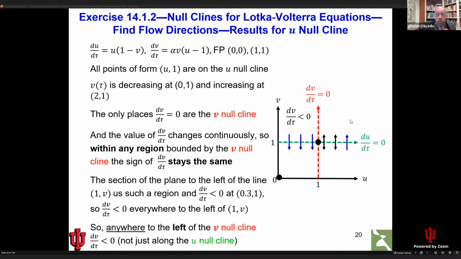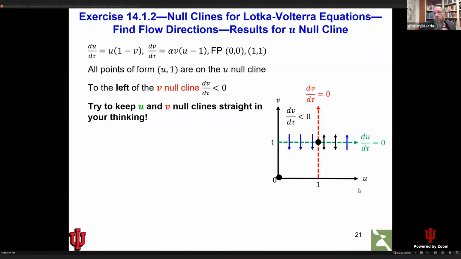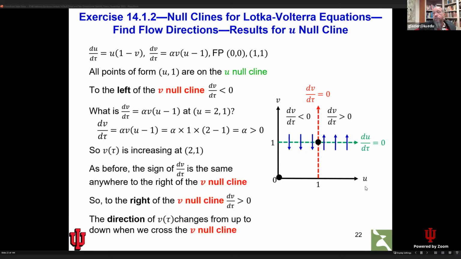Both of these right-hand quadrants, dv dt is positive. And again, with U and V, it's easy to get flipped on one of them. So you have to be systematic about it.